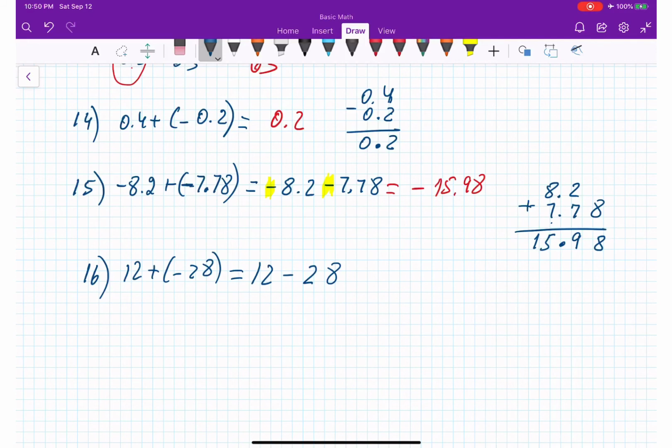That's right, we subtract 28 minus 12. 8 minus 2 is 6, 2 minus 1 is 1. We are getting 16. Now, if we compare 28 and 12, 28 is the greater number. Since 28 is negative, the answer is going to be negative.